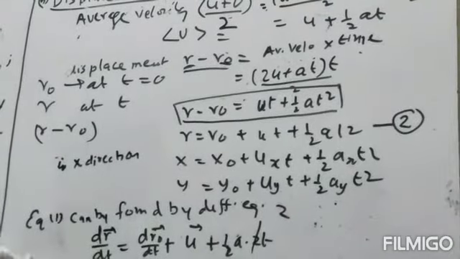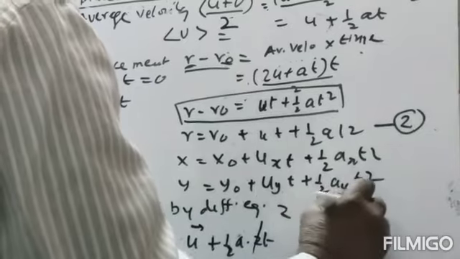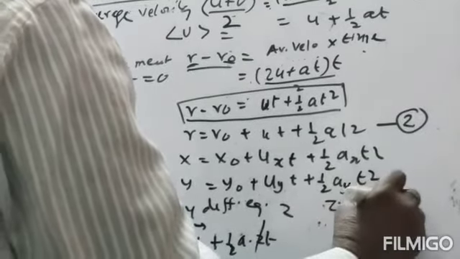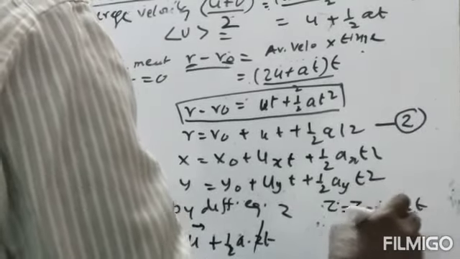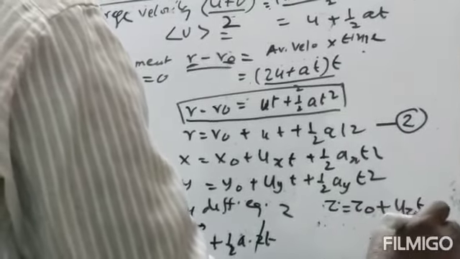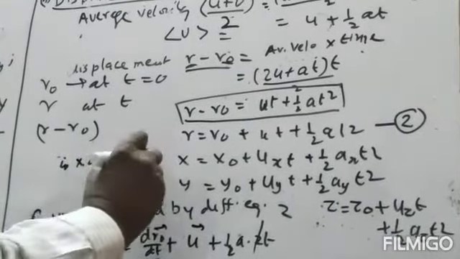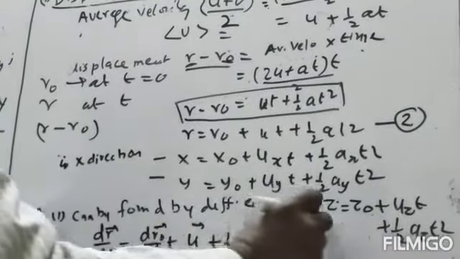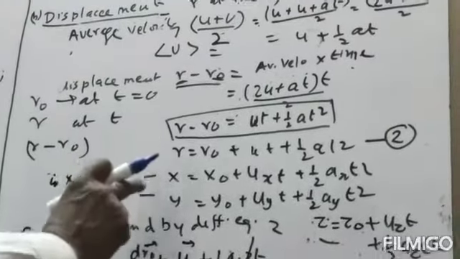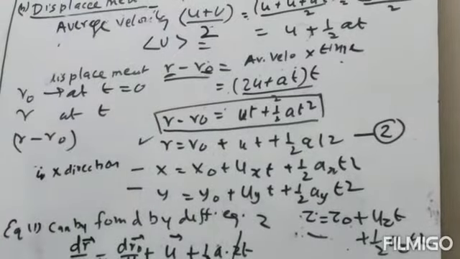If it is 3 dimension, we can also write z equal to z0 plus uz t plus 1 by 2 az t square. This is for x, this is for y, this is for z, and if we sum it, then it will be 3 dimension.